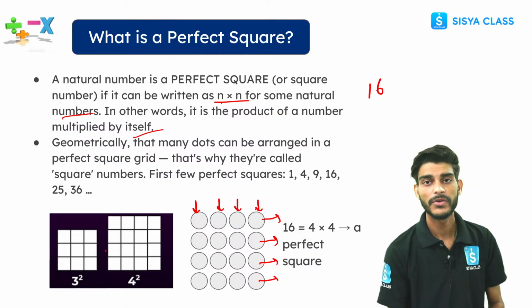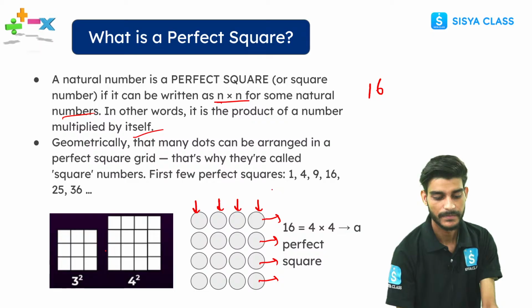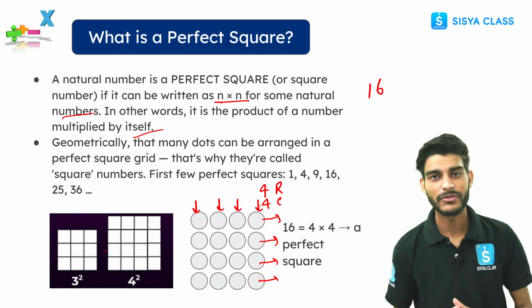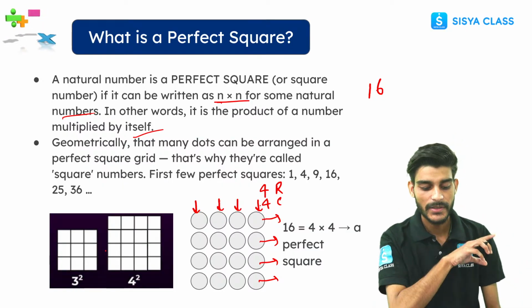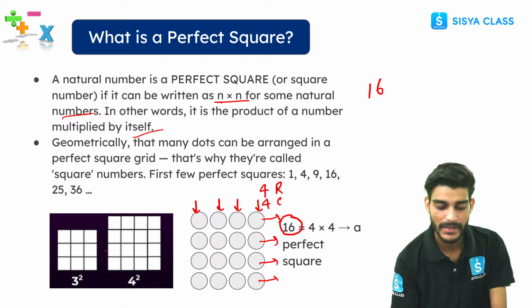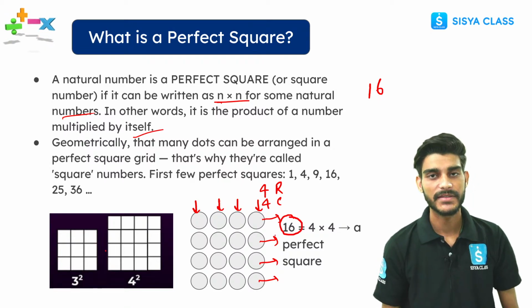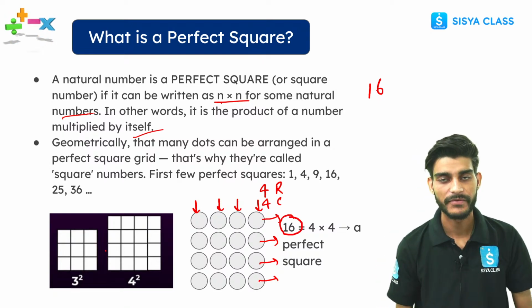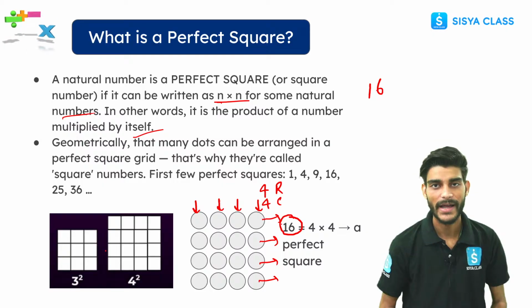So we have 4 rows and 4 columns. So this is a structure of a square, right? Both sides equal. So a square number can always be arranged in the structure of a square. This is the geometrical meaning of a square number.